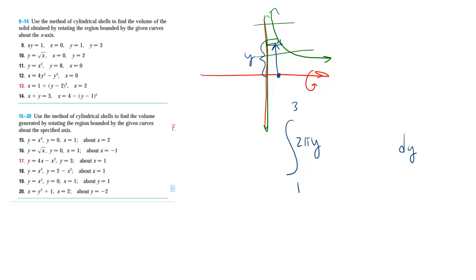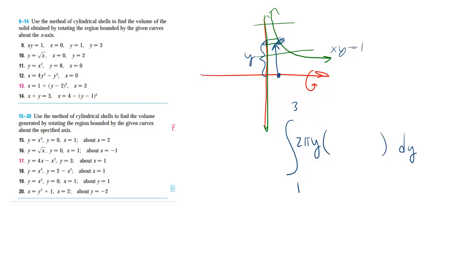Now I need the horizontal size, the quote height maybe, of that rectangle. And that would be the distance from the axis to this curve minus 0, because the other half is directly on that axis. So that would just be this curve, xy equals 1.